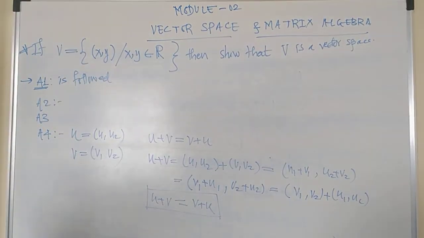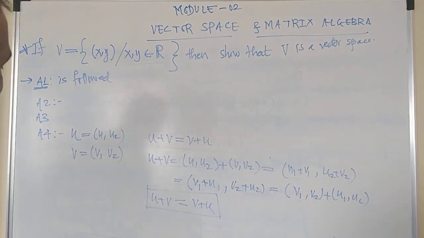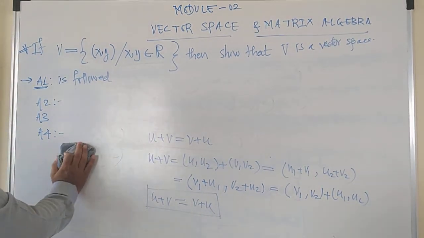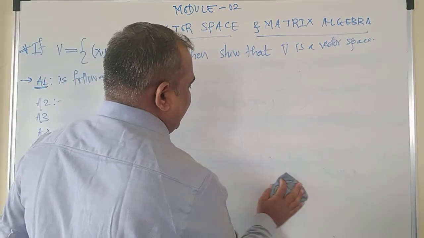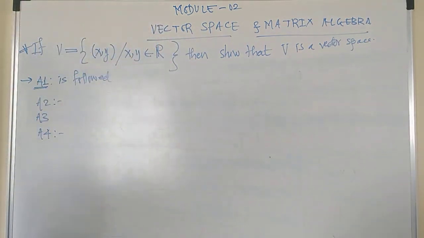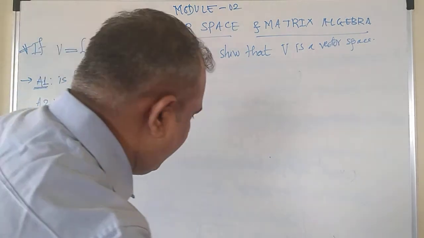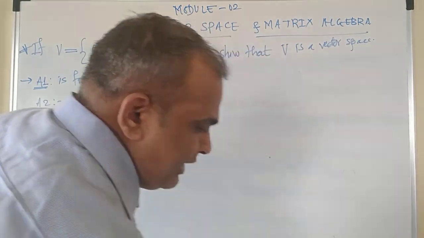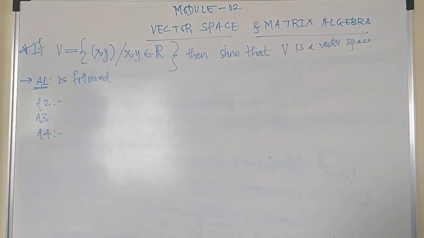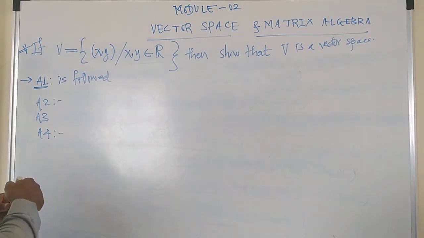The fourth axiom for the addition of the vector is followed. If the fourth axiom is also followed, then check the multiplication axioms. 4 multiplication axioms, isn't it? So the first multiplication axiom is for any scalar k and vectors.